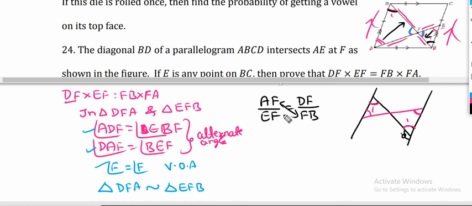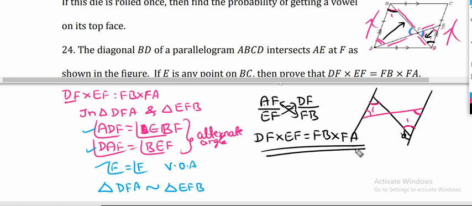By cross multiplying these two you get the answer. This becomes DF into EF is equal to FB into FA. So this is the proof. Already we get the proof here.